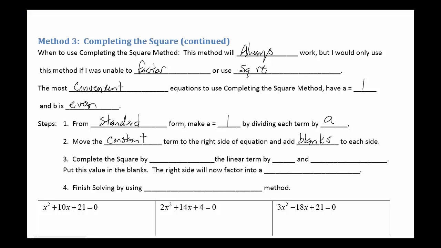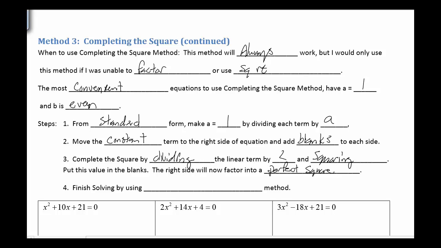Then we're going to complete the square by dividing the linear term by 2 and squaring. And then that squared number is what we're going to put in the blanks. The left side will now factor into a perfect square, and that's that perfect square trinomial that I was talking about earlier.